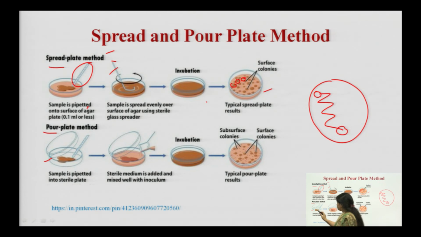Once we have added the drop of mixed culture, we will spread it within the Petri plate, and once it is spread, what you have to do next is add the media.